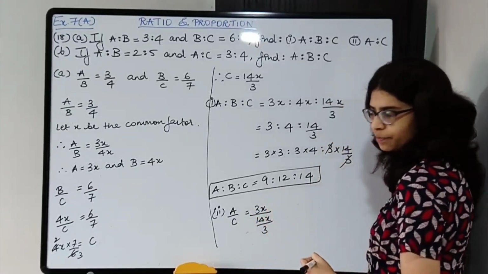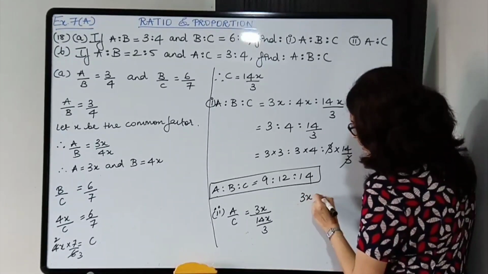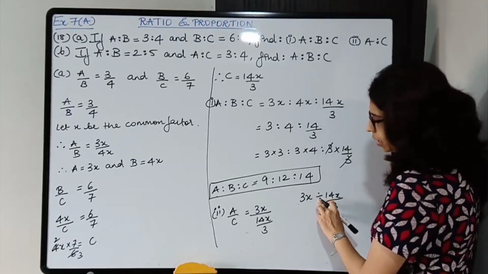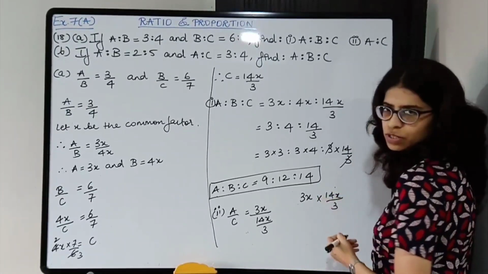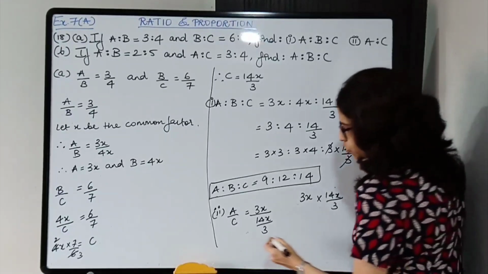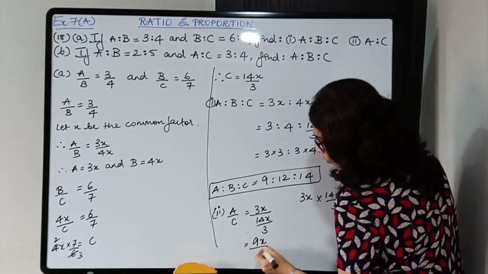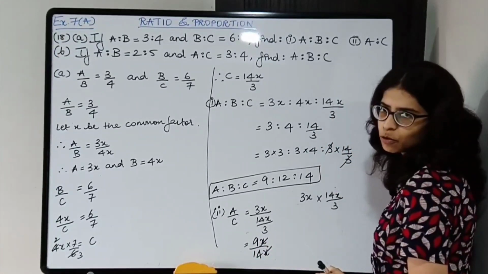Putting the values. Okay. 3 will go in numerator. It is like this, 3x divided by 14x upon 3. So when you make this multiplication, the reciprocal happens. 3 goes in numerator and this goes in denominator. Okay. So 3 will go in numerator. So 9x upon 14x. X gets cancelled, so you're left with 9 upon 14.